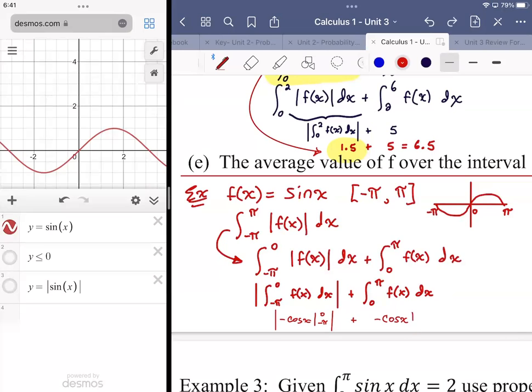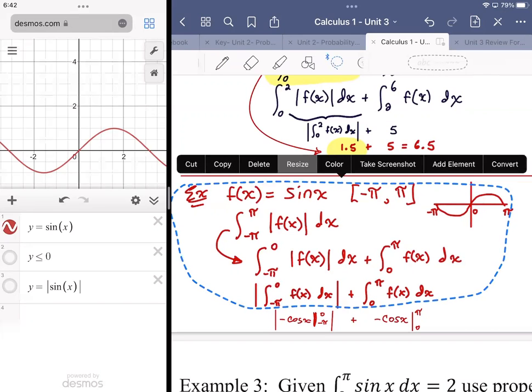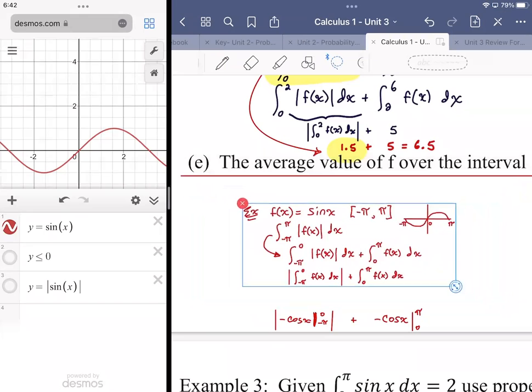Notation-wise, it gets a little crazy because I have an absolute value. This is absolute value notation, but then I have my given notation here, x equals 0, x equals negative pi. That can be a little annoying, but it is what it is. It's the standard notation that's used.